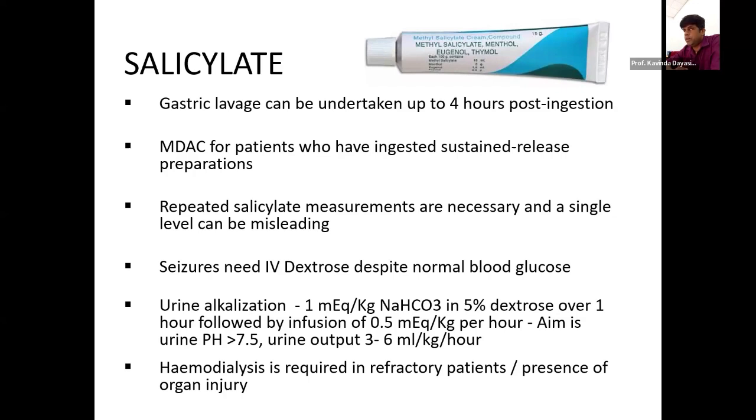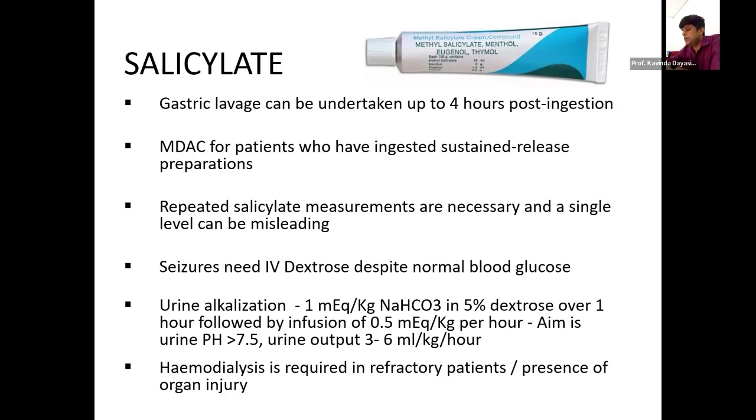So the main mode of treatment in the presence of non-life-threatening toxicity is urine alkalization. So we use a bicarbonate infusion and then monitor the urine pH to keep it more than 7.5 and to have a urine output of more than 3 ml per kilo per hour. And then do a series of blood gases and monitor for improvement of any metabolic acidosis if present.